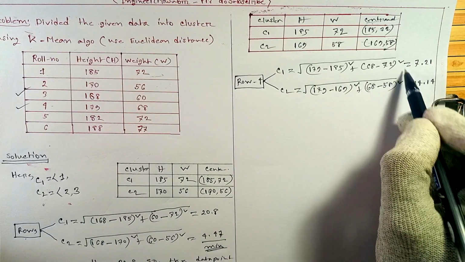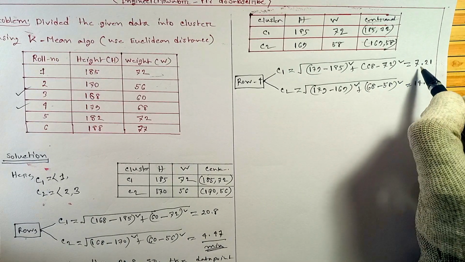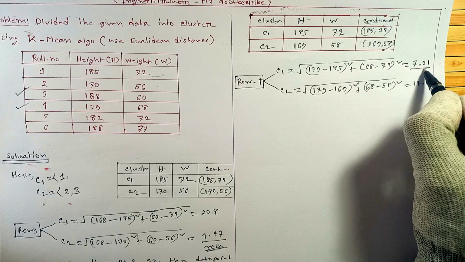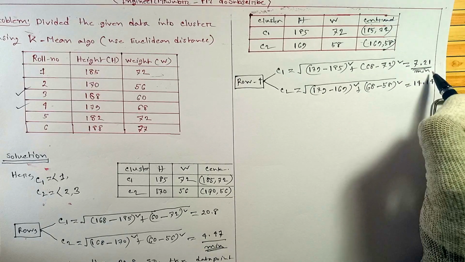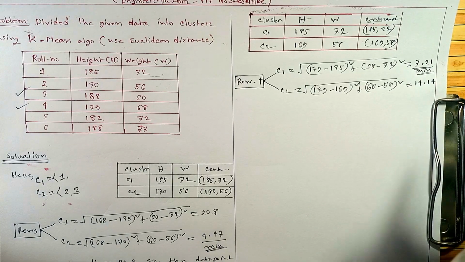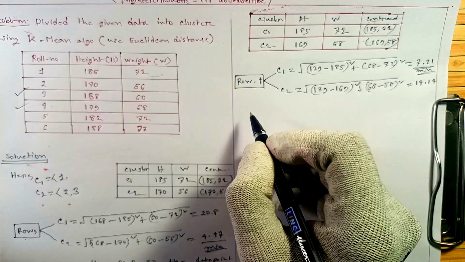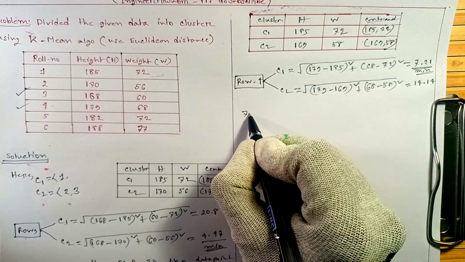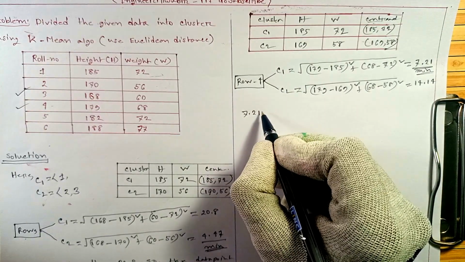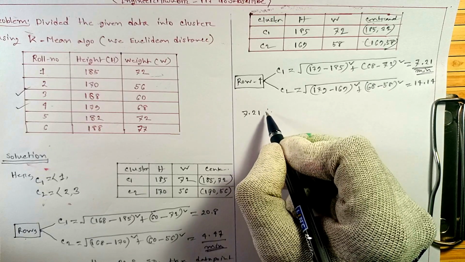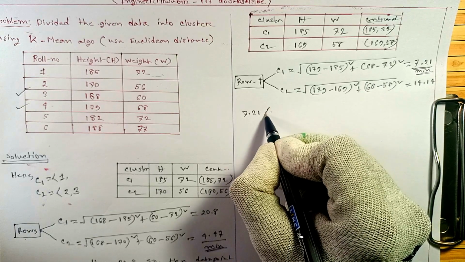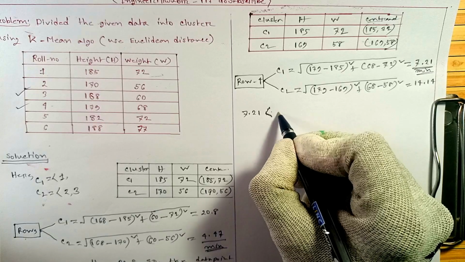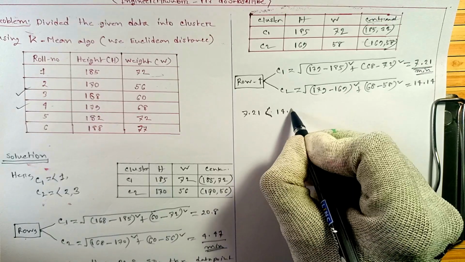So among these two values, C1 is minimum. We can write it this way: 7.21 is less than 14.14.